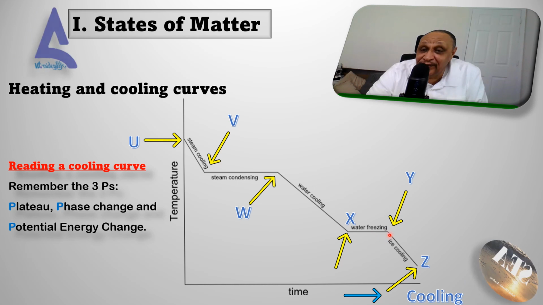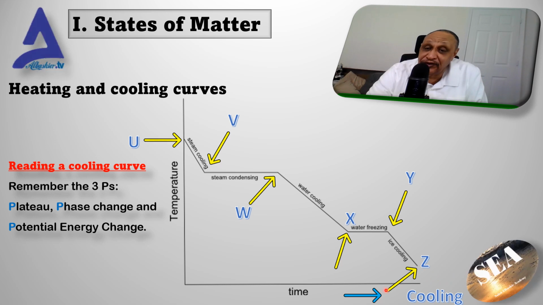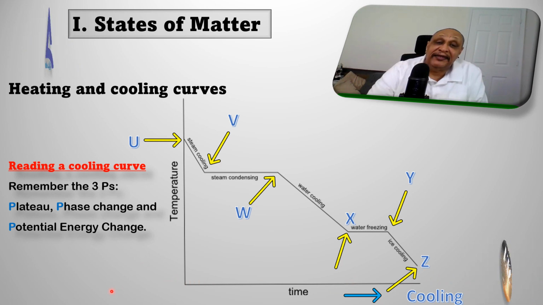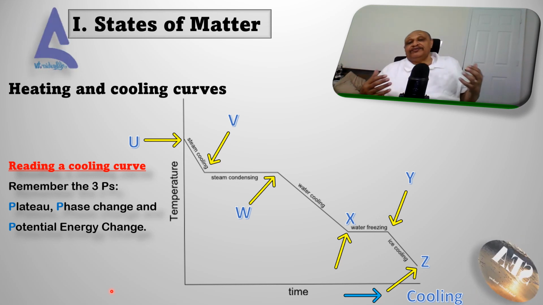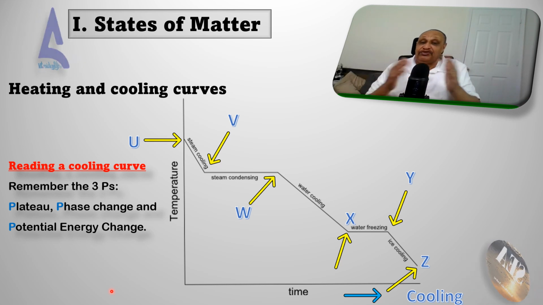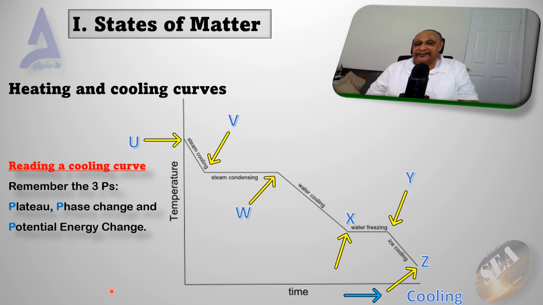And then here we have the point where all the water has changed into solid, which is ice completely. And then at the end we have solid ice. So the difference between the two is that one of them is the mirror image of the other. We are going to see this in the next slide.